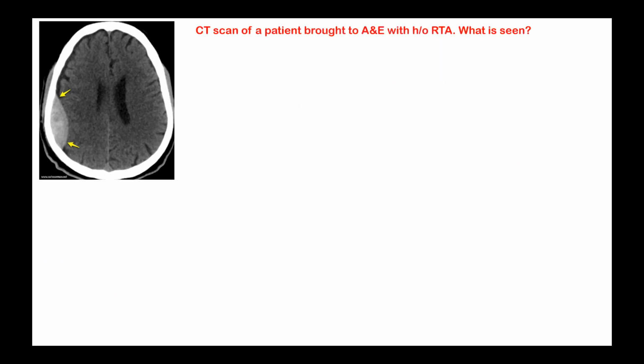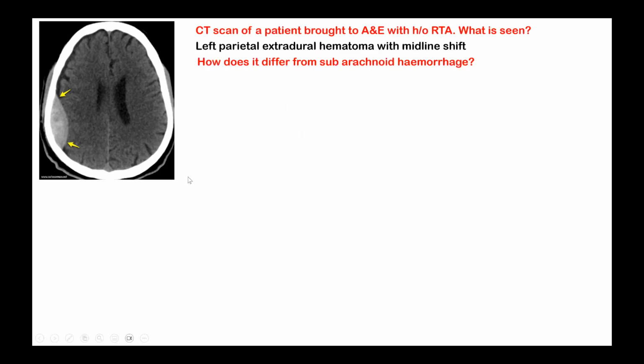This is a CT scan of a patient brought to the emergency with a history of RTA. What do you see here? Extradural hemorrhage, extradural hematoma, very good. Left parietal extradural hematoma with a midline shift also. You can see the ventricle getting compressed.